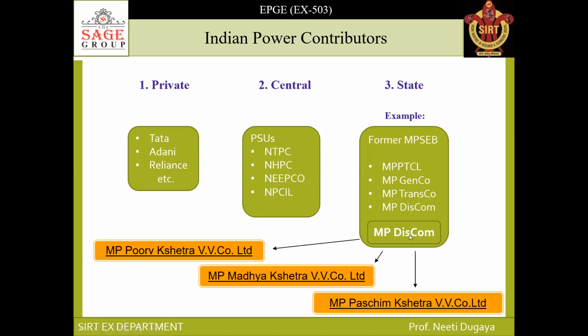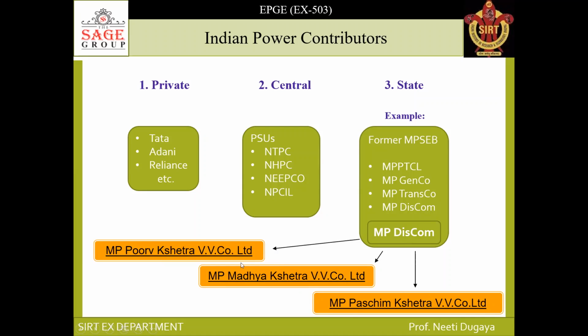DISCOM means distribution company. This MP DISCOM was divided again into 3: MP Purva Kshetra Vidyut Vitran Company Limited, Madhya Pradesh Madhya Kshetra Vidyut Vitran Company Limited, and Madhya Pradesh Paschim Kshetra Vidyut Vitran Company Limited.